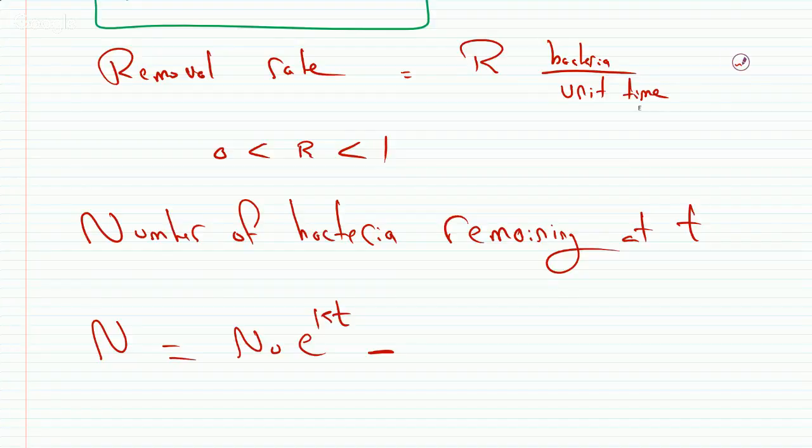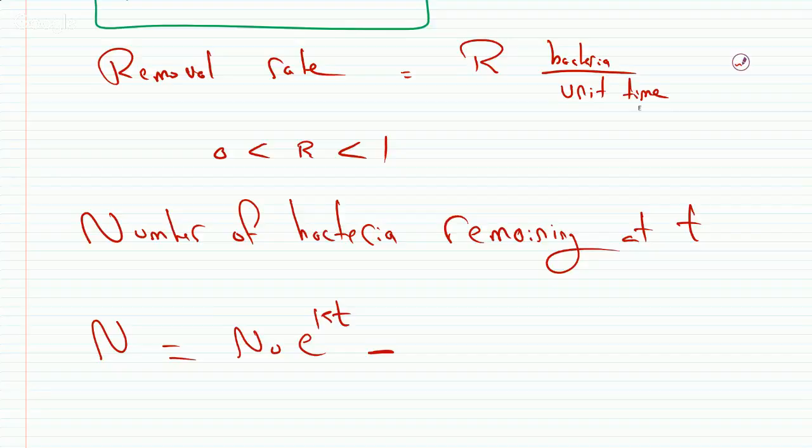And how much do you remove? Well, you'd have to integrate the rate between t and t plus dt to tell you how much you remove, bacteria per unit time for that time.